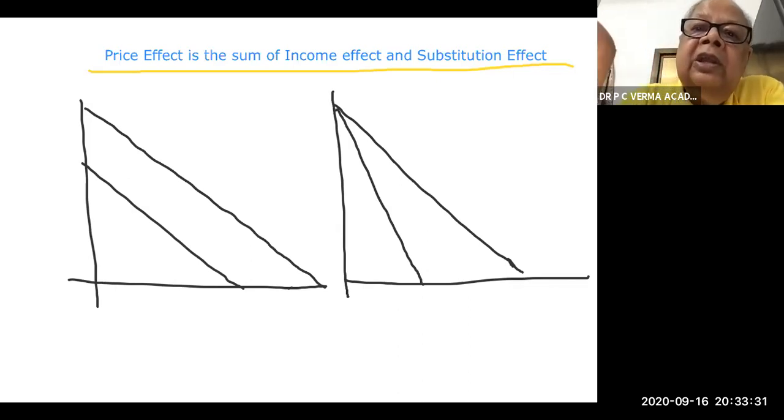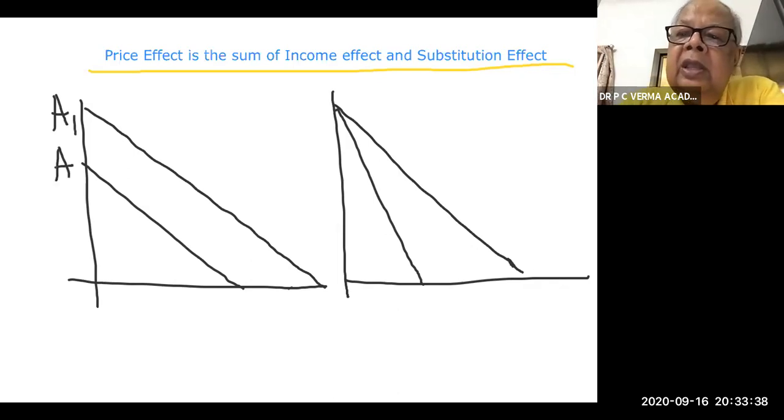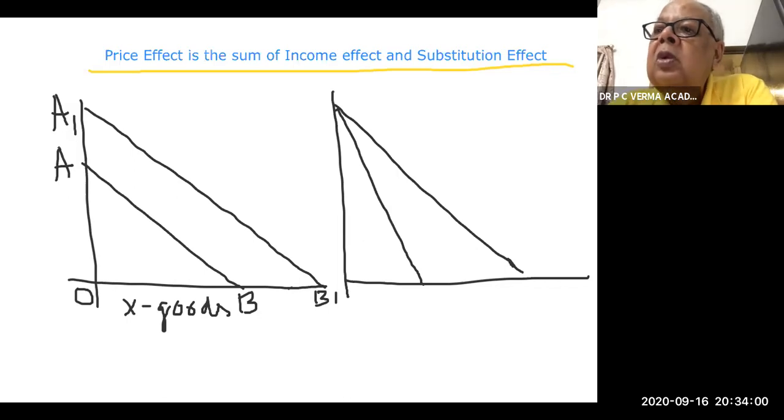Because here income effect means the price line AB changes to A'B'. This is X good, and this is Y good.